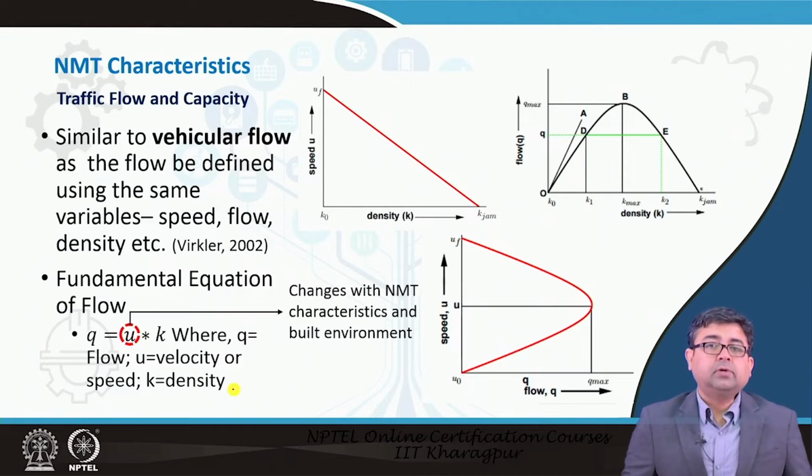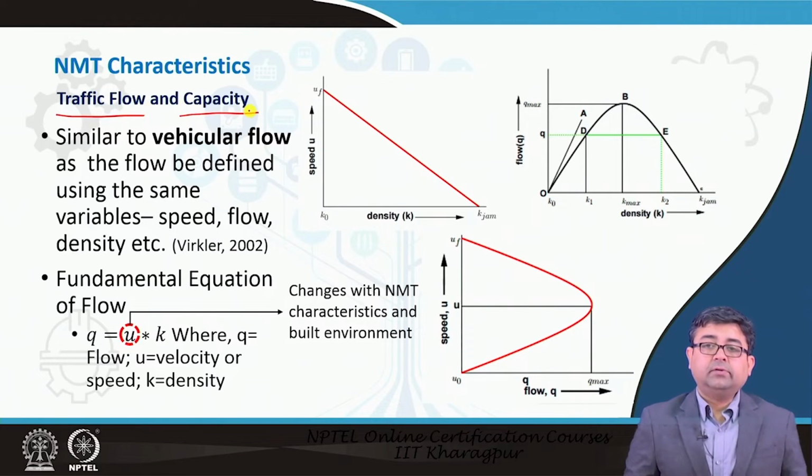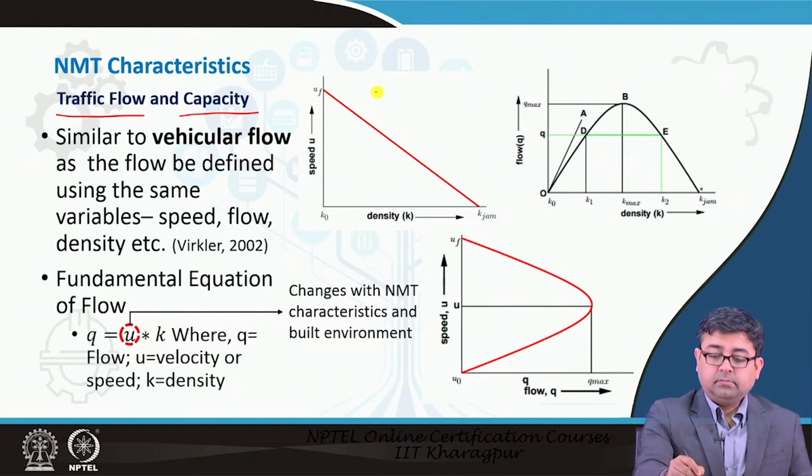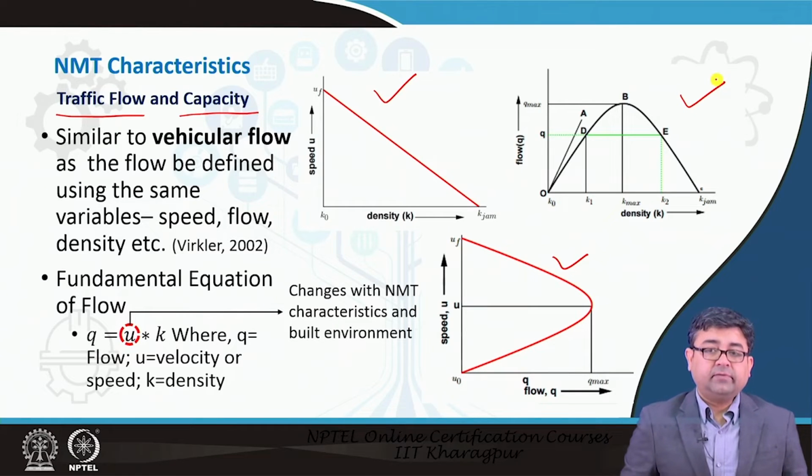Now, the next thing to consider when we are looking at NMT infrastructure are the traffic flow and the capacity of the facility that you are trying to build. Now, these basic terminologies are all borrowed from vehicular traffic or motorized traffic, but they also apply in case of non-motorized transportation, right.